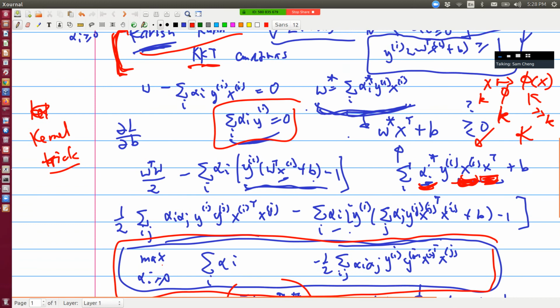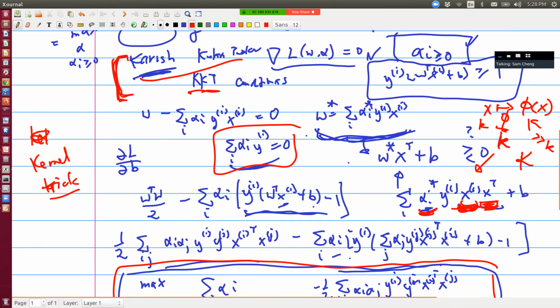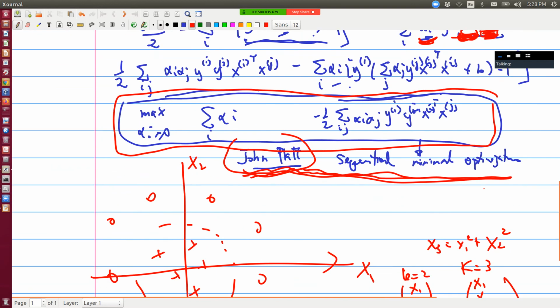But the problem is this mapping can be very expensive to do, and you may be looking at a really high dimension. Luckily, because we only look at the inner product, we don't even need to do this projection to the high dimension. We can just define something like, whenever I have k of x, y, that hopefully will be equal to phi of x, phi of y, the inner product between them.